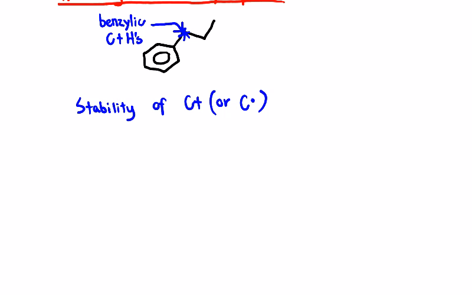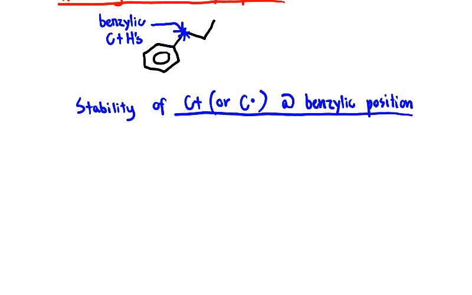So we'll look at the stability of carbon radicals or carbocations at the benzylic position. This is relevant because carbon radicals and carbocations are pretty common reaction intermediates.